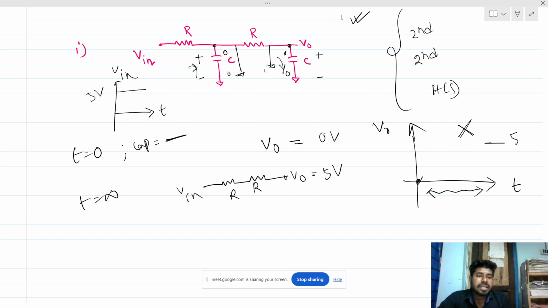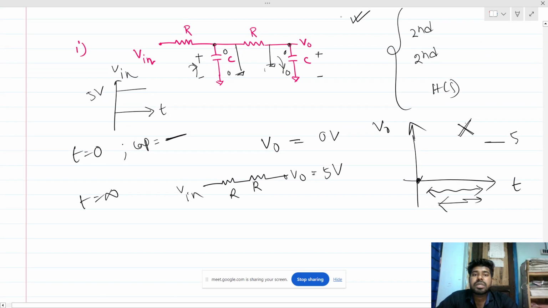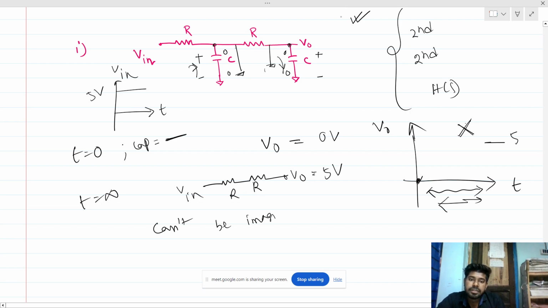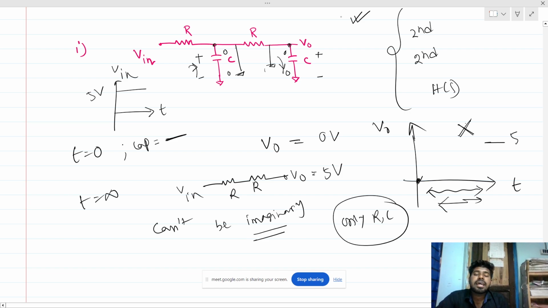Now we need to find how it will behave in this time duration. We have seen that the pole here cannot be imaginary, right? Because this is a passive circuit and only consists of R and C. R and C cannot contribute an imaginary pole.